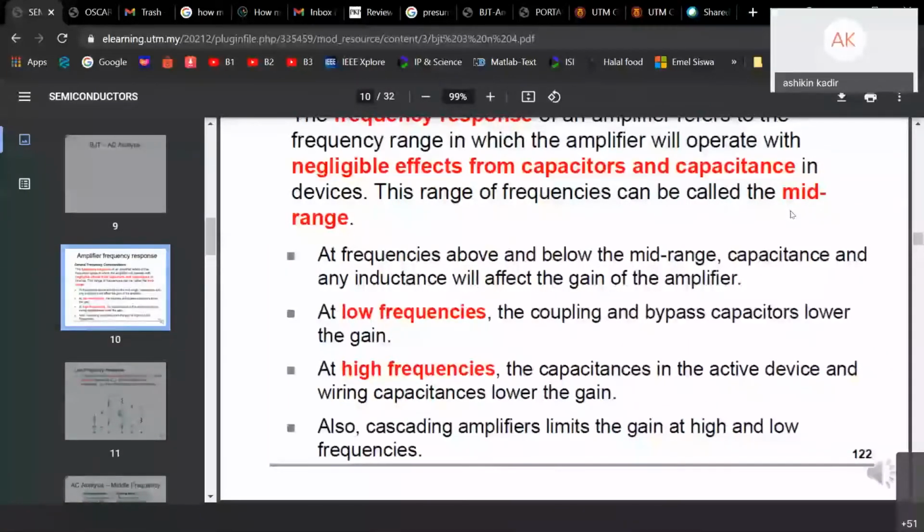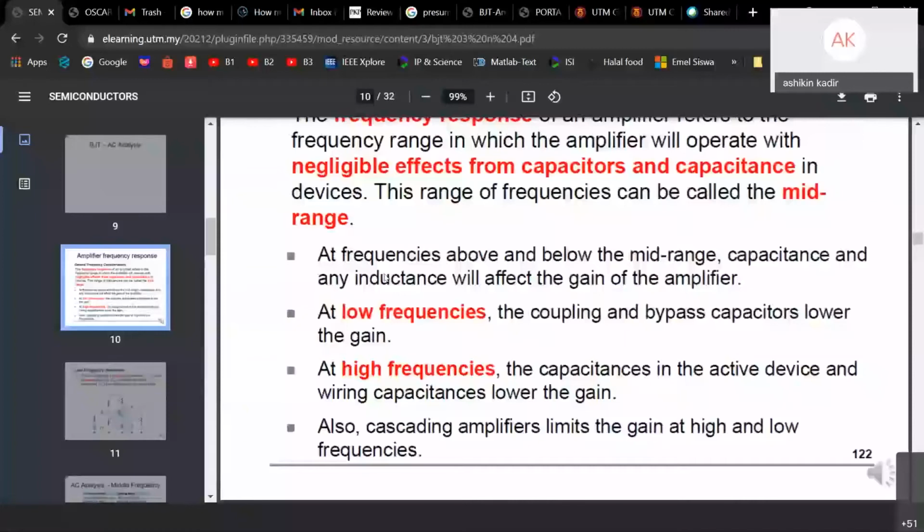Over here you get negligible effects from capacitors. That's why the capacitor is fully charged, or it is a closed circuit. That's why you draw the circuit as short circuit, right? Over there you get the gain.